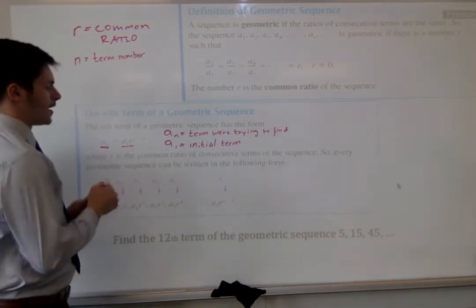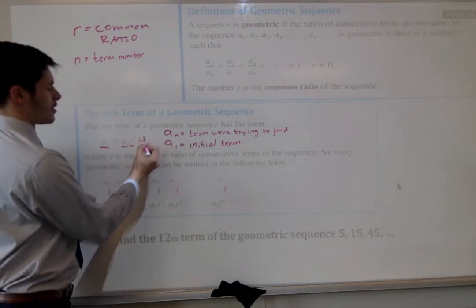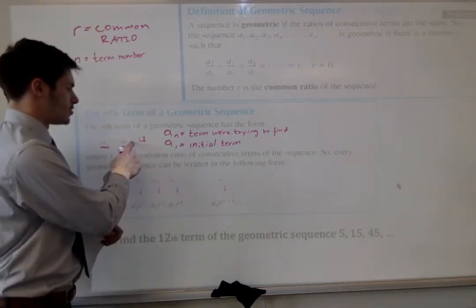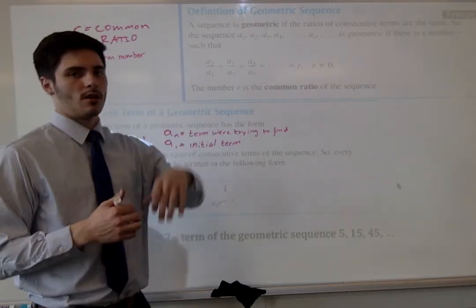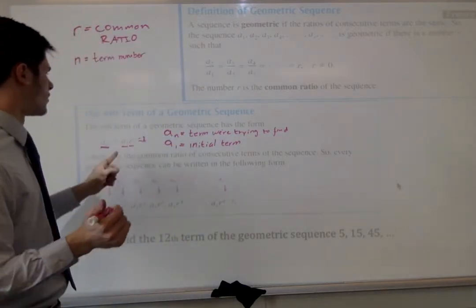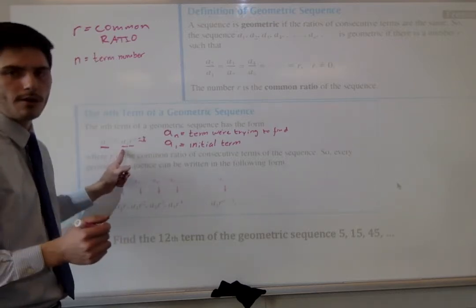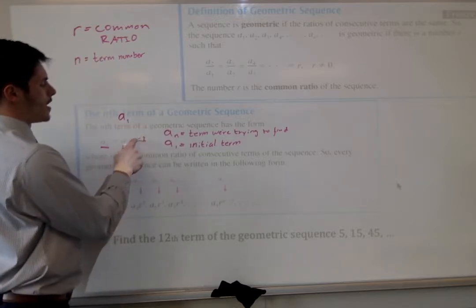And then we have minus 1 right here to signify that we're taking the common ratio to the exponent of the term number minus 1. And let's see why that works here. So if we're looking at the first term, a sub 1, we're going to multiply a sub 1 by r to the n minus 1.